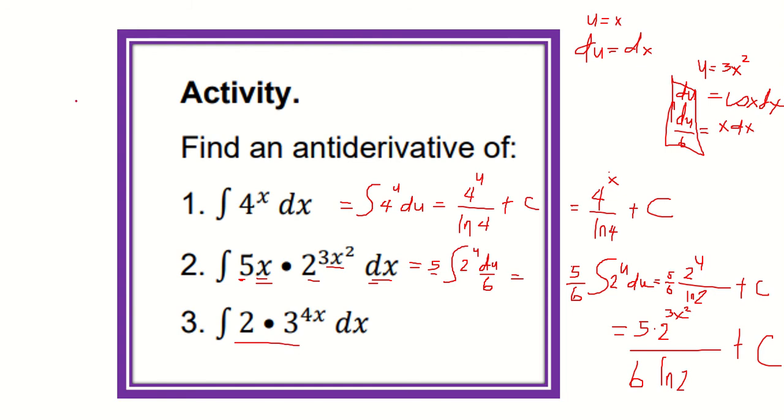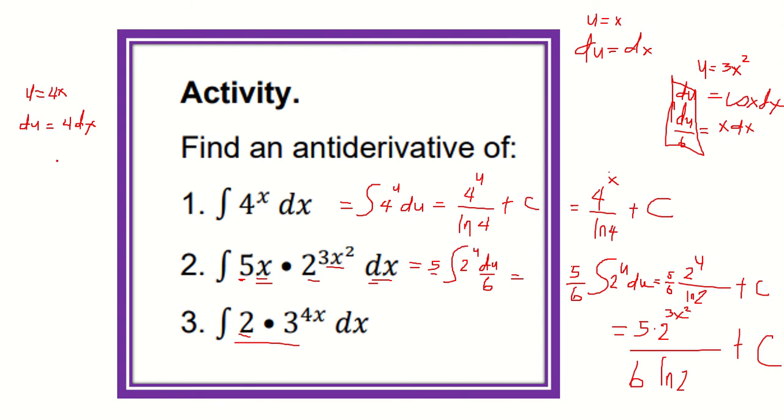Here at the side. What is our u? 4x. What is our du? 4dx. Now the question is, is there a 4 in our problem? None, right? What we have is a 2.